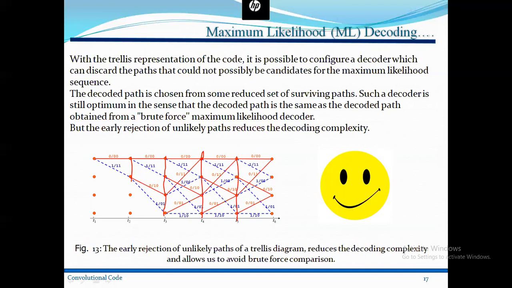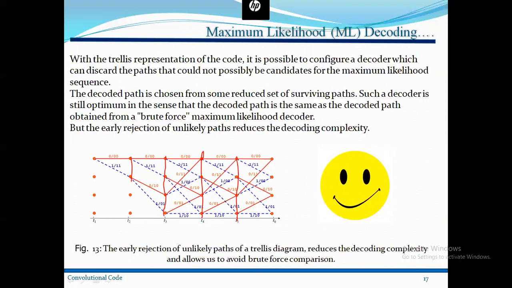So at every stage we reject four paths, and we keep proceeding from 4 to 8, and then rejecting 4, and then from 4 to 8. In this way, we reduce the memory and complexity of the decoder, and here we are not using brute force.